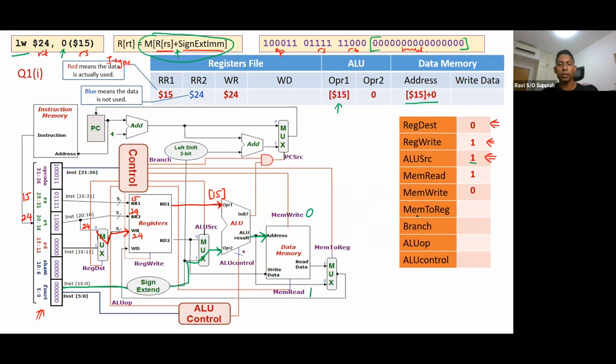So the data that I want is going to come out of the memory, and this is the data that I want to channel back. So the mem to register has to be a 1.